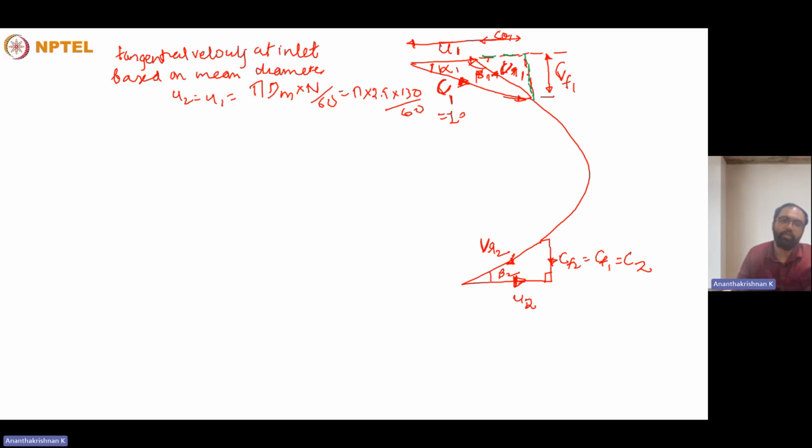Now the second step, we need to calculate the tangential component of the flow velocity, C theta 1. So we can determine it from the hydraulic efficiency.